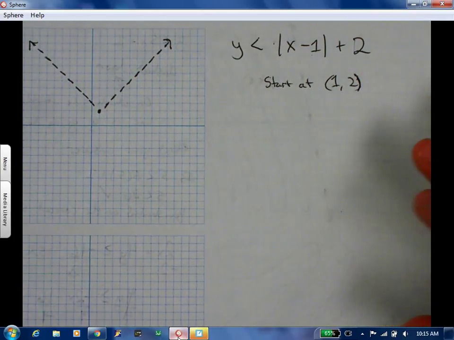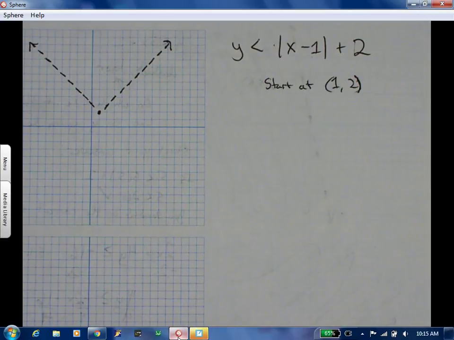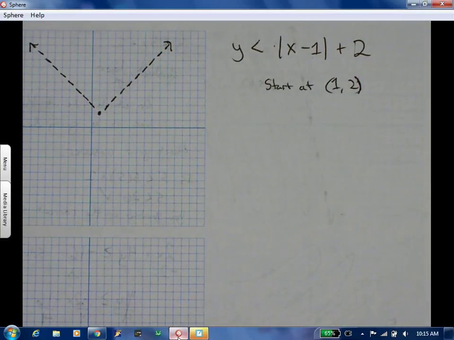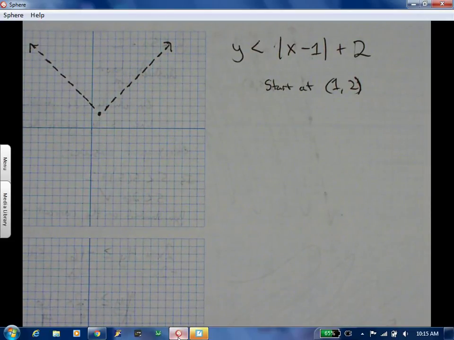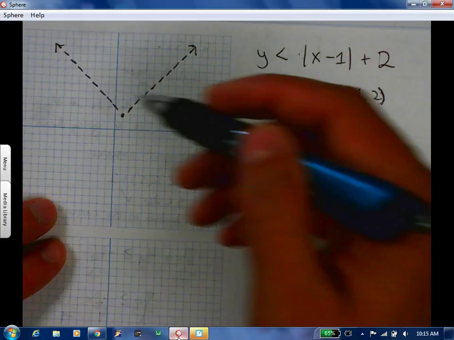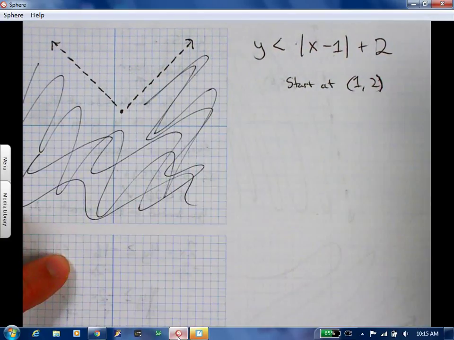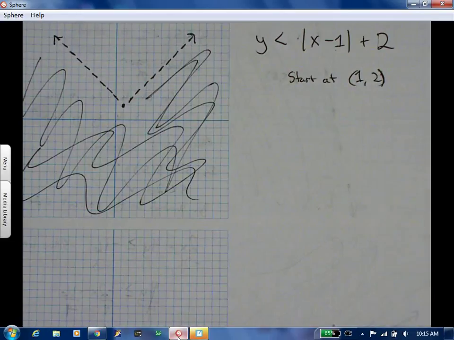Dashed. Above or below? Below. Shade everything below. So you can plug in 0, 0 and make sure you've shaded on the correct side.